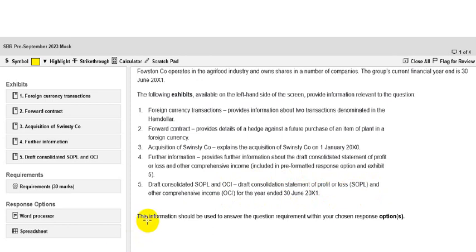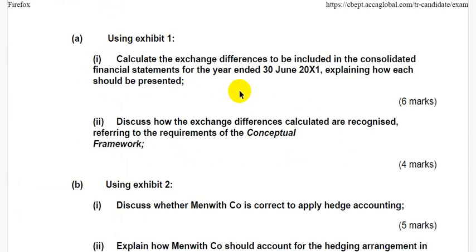Then it further goes to say this information should be used to answer the question requirements within your chosen response options. These are the chosen response options there. But before you read the exhibit, I recommend you get to understand what the task is.